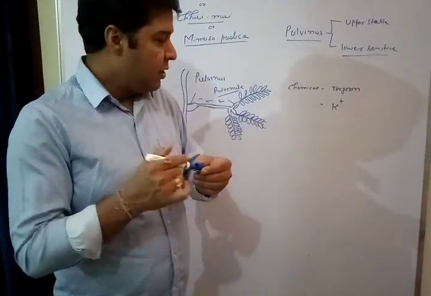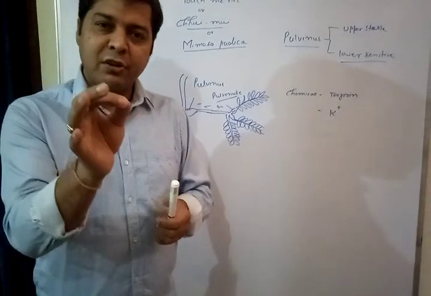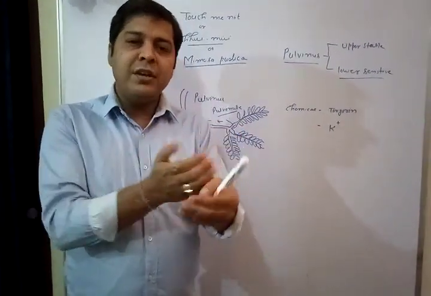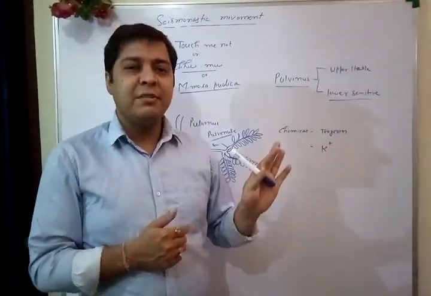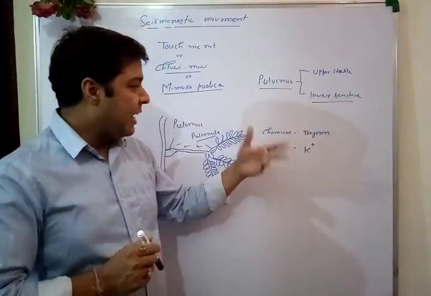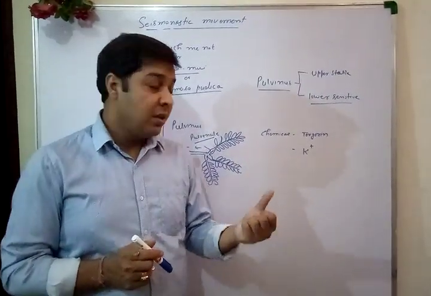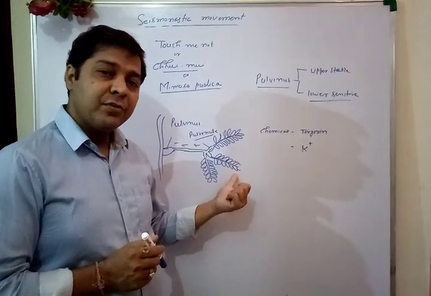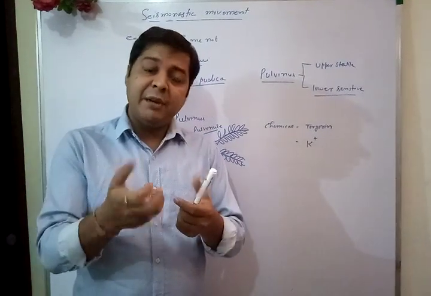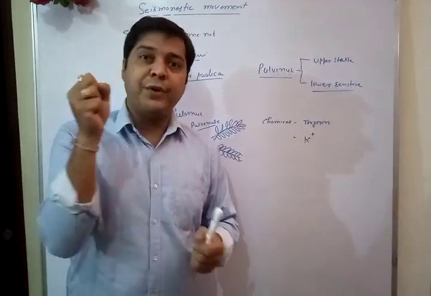So water moves from the cells of the leaves to the lower sensitive part. We can say there is dehydration of water from the leaves. Leaves become dehydrated, and because of that the leaves droop.